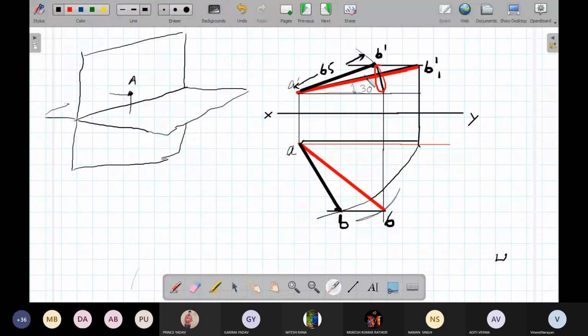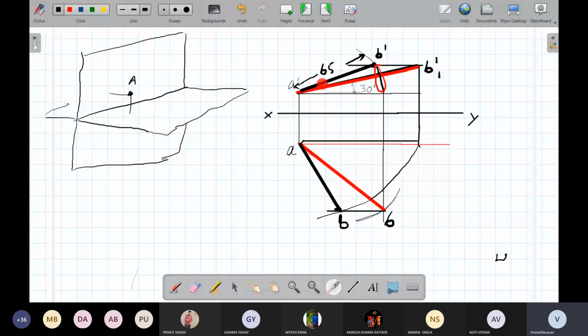Then I drew a horizontal line, and it was given in the question that its front view length is 65. So I took the compass, fixed it at A and drew 65. Wherever this arc cuts this line, there will be our B dash, or the projected line in the vertical plane or front view.